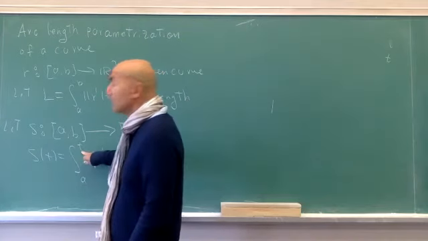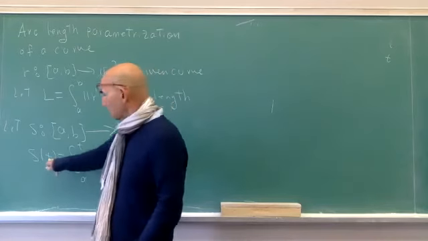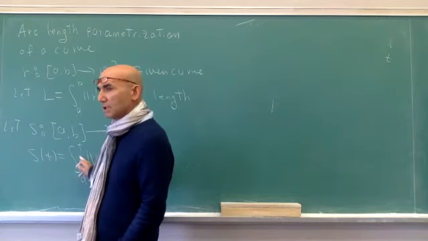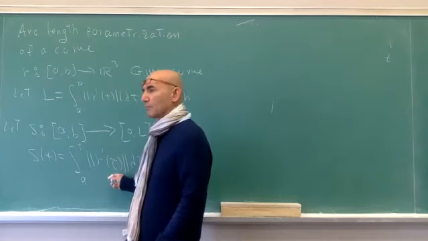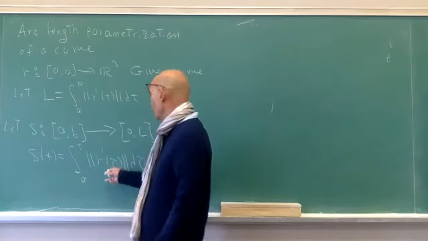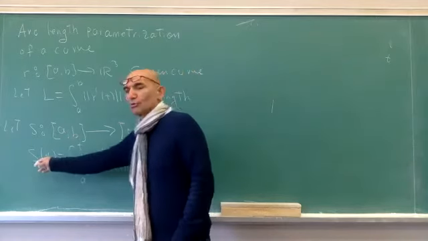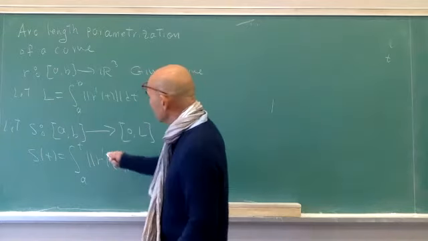So T is not a dummy variable. T is actually the variable of this function. It cannot be gotten rid of. T is there, so I cannot use T for the variable of integration, my dummy variable. I have to use another thing. You could use anything you want except T. And of course you don't use S. Okay, so what is this function?